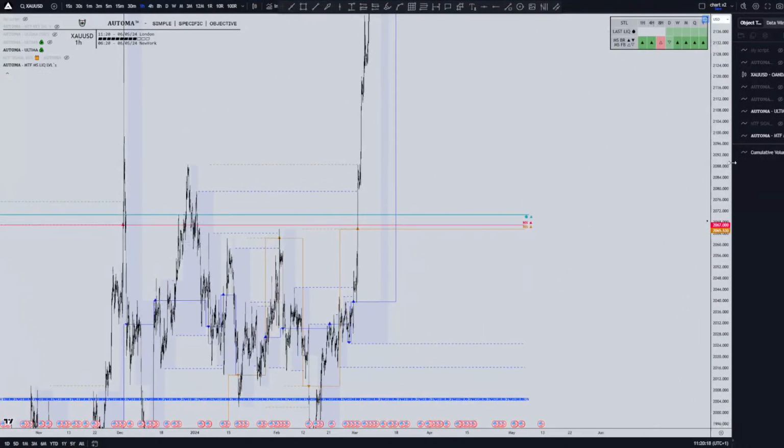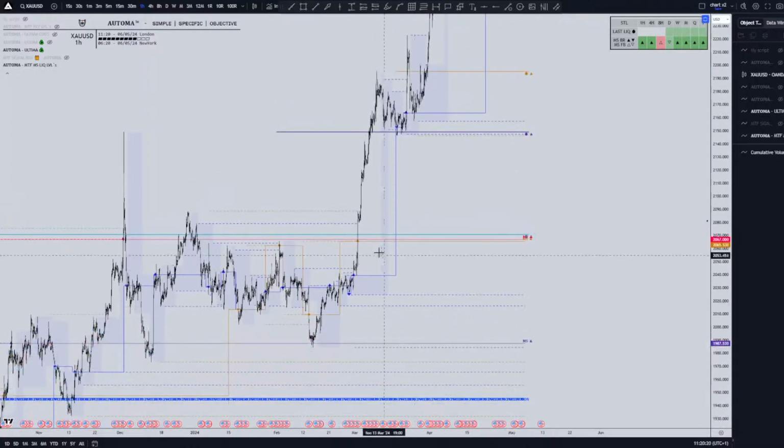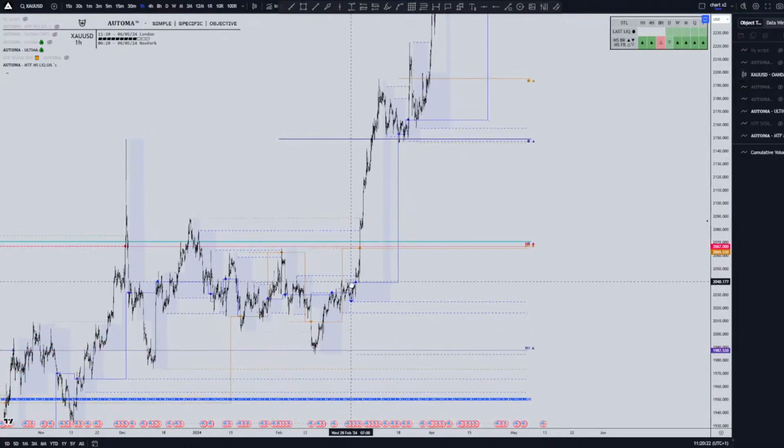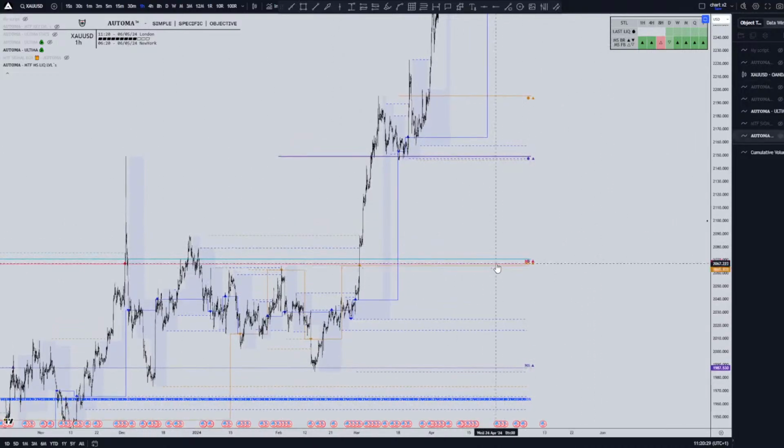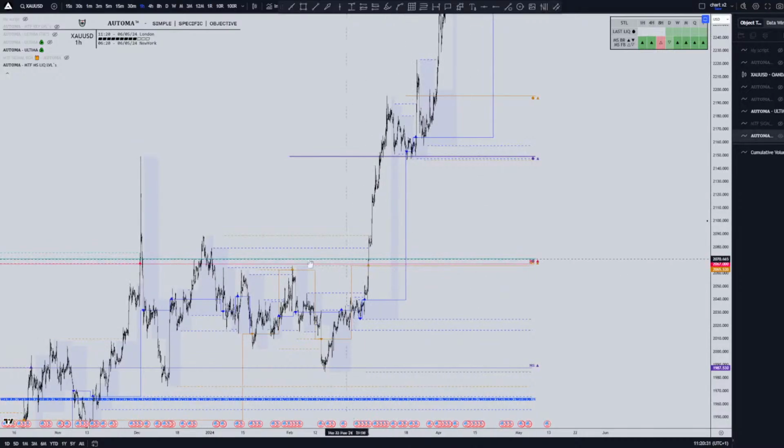As you can see, from this point there is no resistance. There was just pure liquidity, and the last monthly's liquidity. We reclaimed this storyline of yearlies, which have been swept.